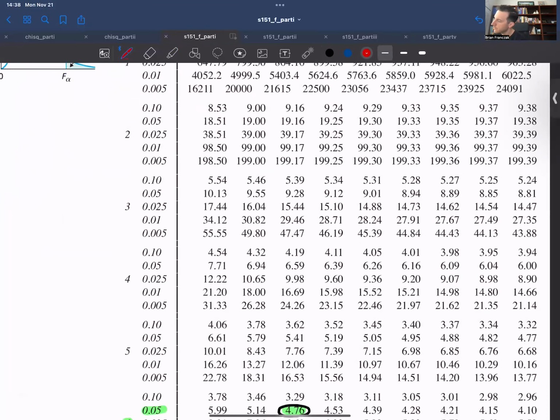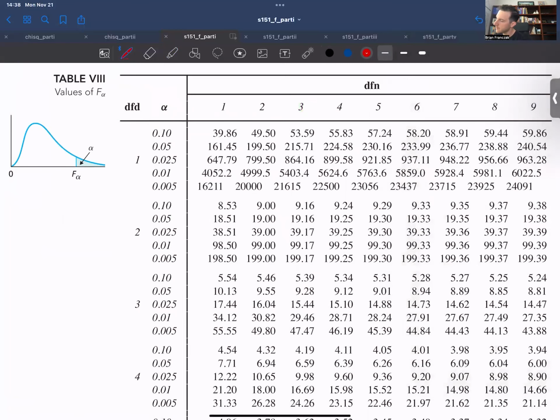Now what we're trying to do is match 8 in the first slot. Okay, so we have 8 degrees of freedom. Match that to 3, 0.01. We scroll across, and that gives us 27.49. So for the second example, this would be the case where you have 8 degrees of freedom in the first spot, 3 degrees of freedom in the second spot, and then a significance level of 0.01. So that gives us 27.49.